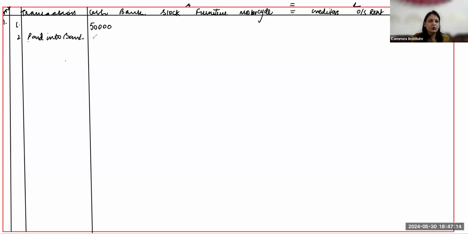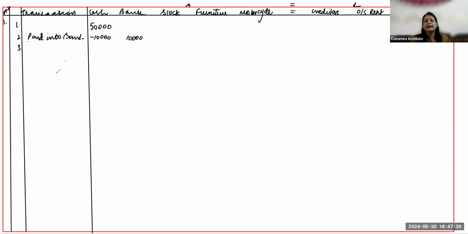So my cash will go down by 10,000 and my bank balance will increase by 10,000. No change otherwise. So after the second transaction I am skipping the new equation, because your cash will go down, cash will become 40,000, bank will become 10,000. So here I'm skipping because otherwise it won't be sufficient for me.